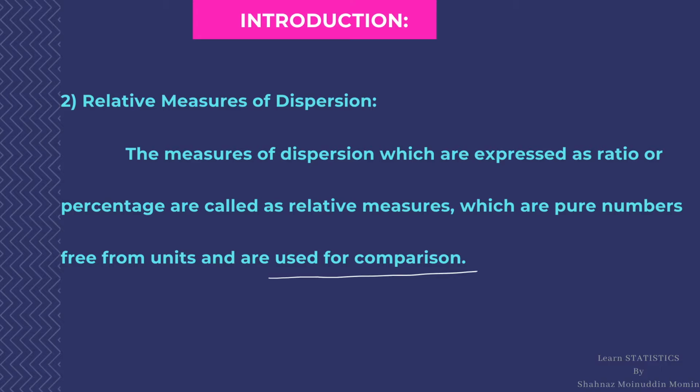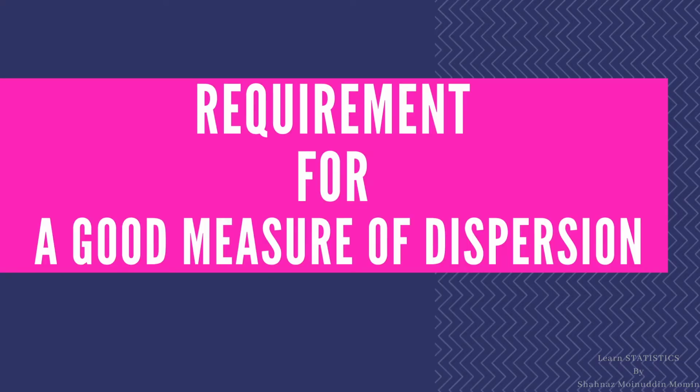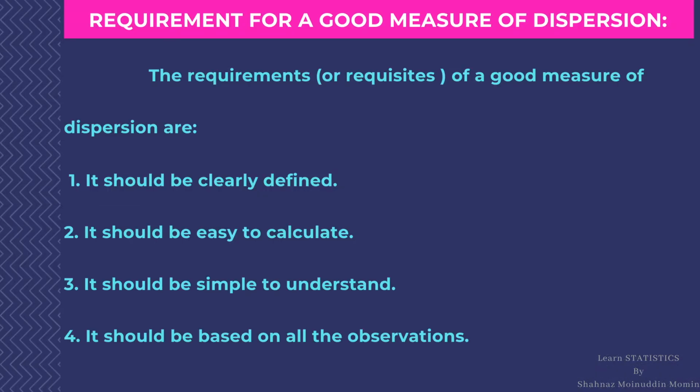Now there are certain conditions or requisites for a good measure of dispersion. How we decide which measure is good? There are certain conditions given. Now we shall discuss the requirements or conditions for a good measure of dispersion.